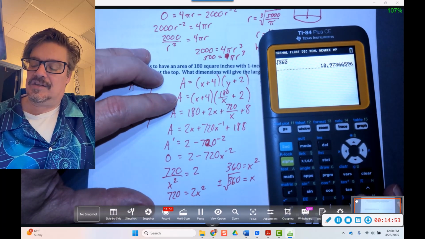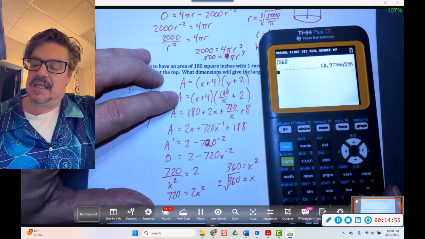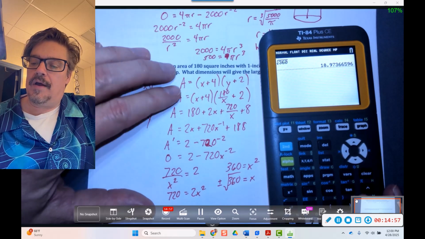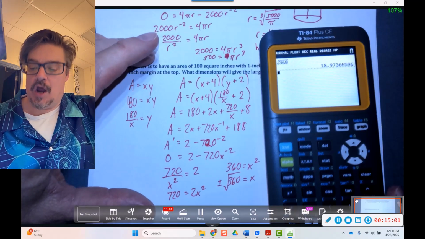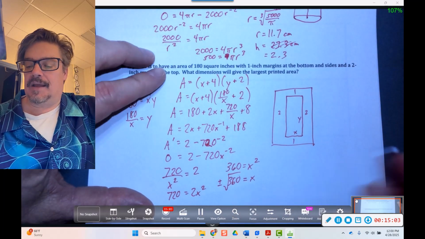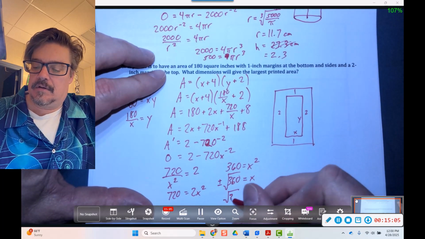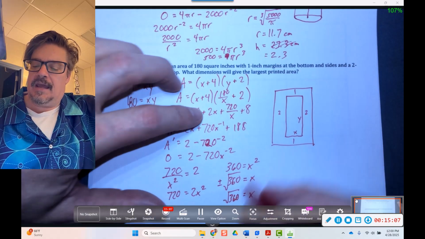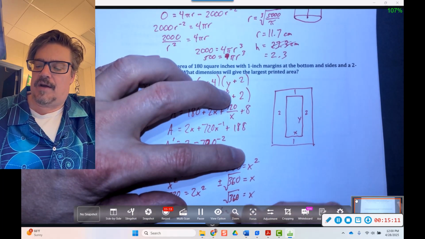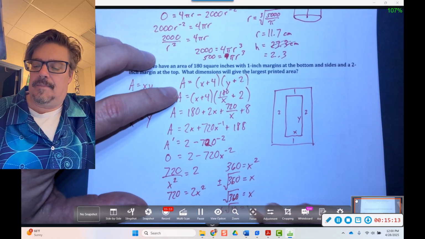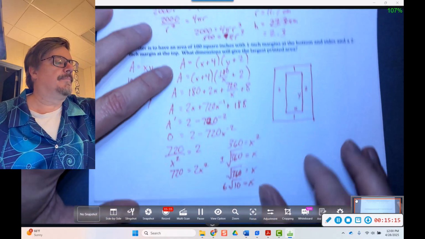So let's go ahead and think about what makes sense here. Do we want the negative? No. If we want the negative X, that would make no sense. Okay. And we could actually take the square root of 36 times 10, so that'd be 6 radical 10. So that looks a little better to me, so I'll just keep it like that.